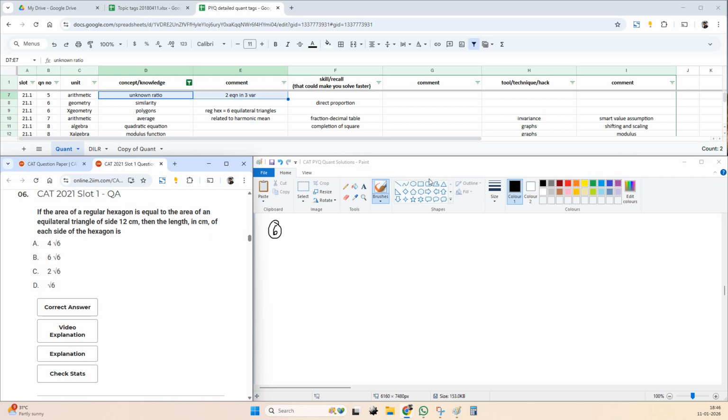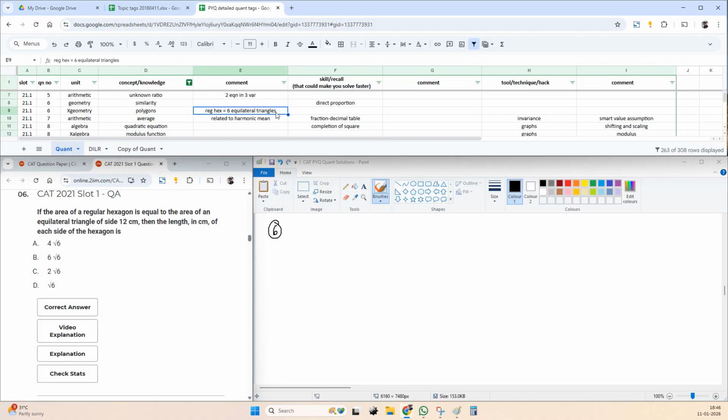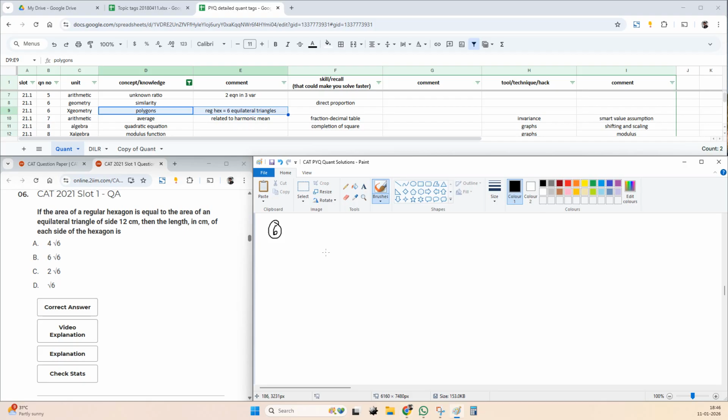Let's do the simple one first. What do we need? SIGs, I've given tags, similarity, polygons, the fact that a regular hexagon is basically 6 equilateral triangles stacked together around the same point. I suppose we could add area of equilateral triangle, area of regular hexagon as a third concept.